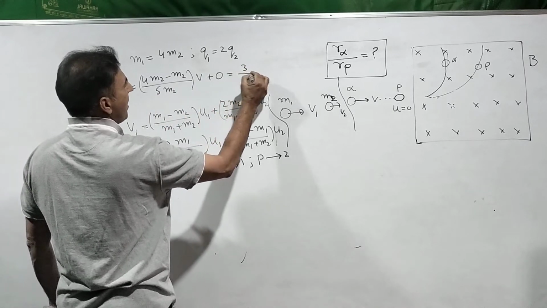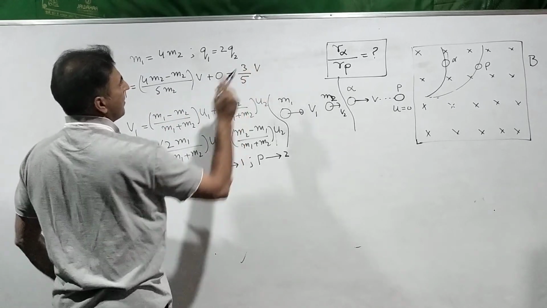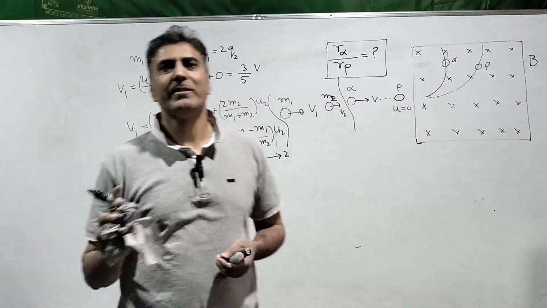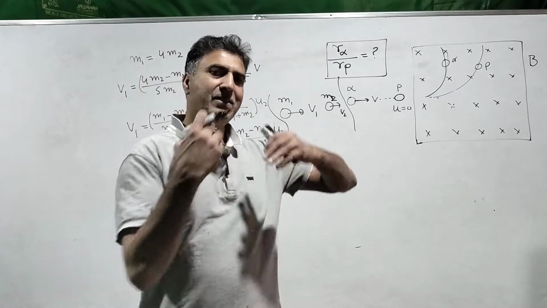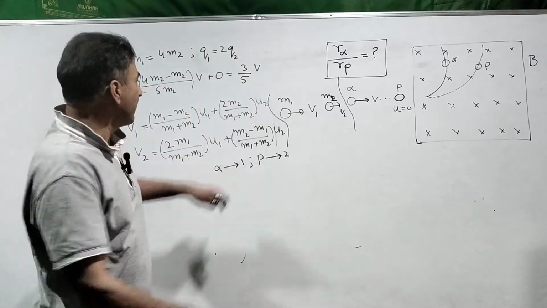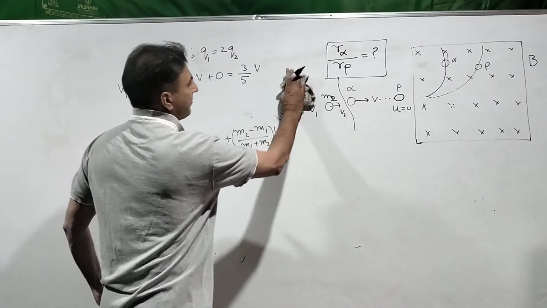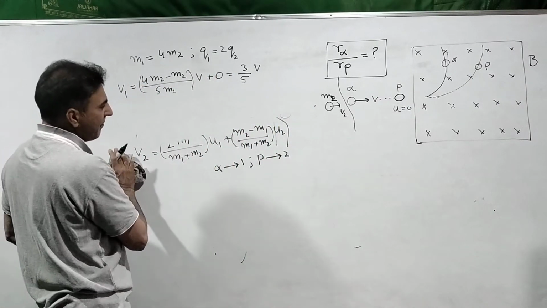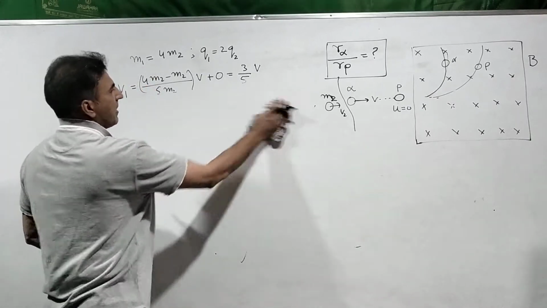It is 3 by 5 v. That's all. We got the velocity of the alpha particle after the collision. That means it enters the magnetic field with this velocity. Now the second equation, I will write it afresh because I remember it.